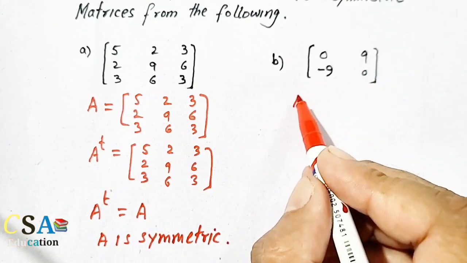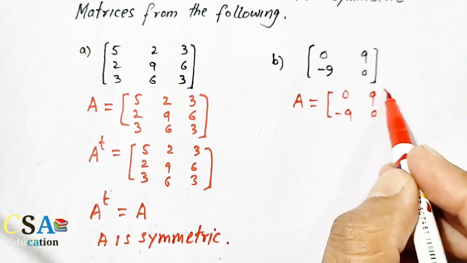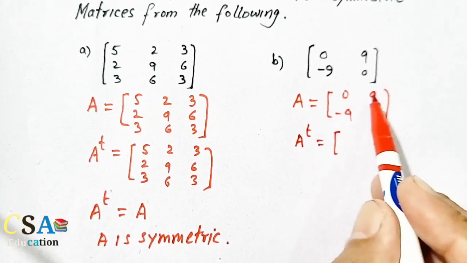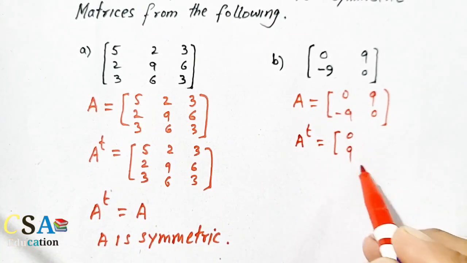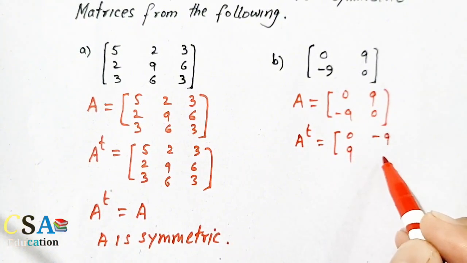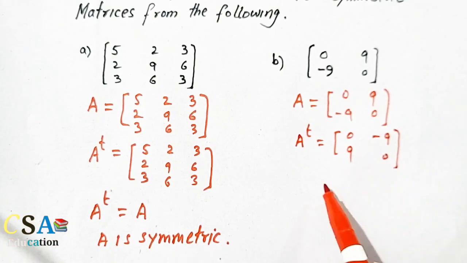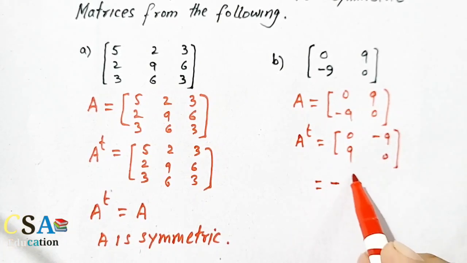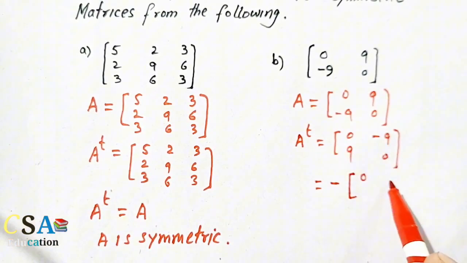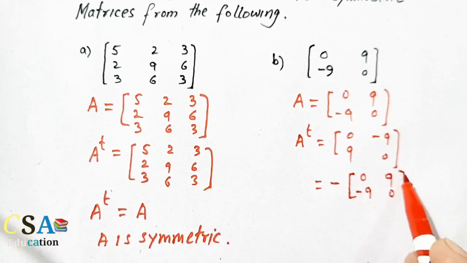Now move to the second part, which is 0, 9, minus 9, 0. Let us suppose that it is A. A is equal to 0, 9, minus 9, 0. We have to take its transpose, in which the first row is converted into first column, 0, 9, and the second row is converted into second column, so it will be minus 9, 0. Well, there is a sign difference. If we take minus as common, we get 0, minus is converted into plus 9, plus is converted into minus 9, and 0 is neutral.